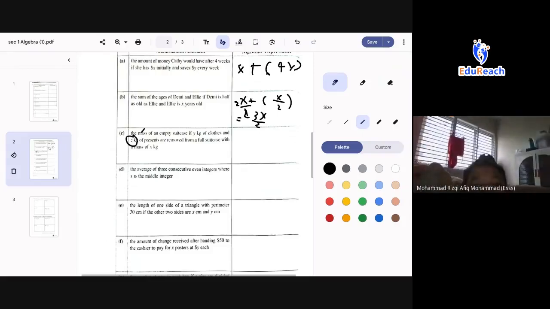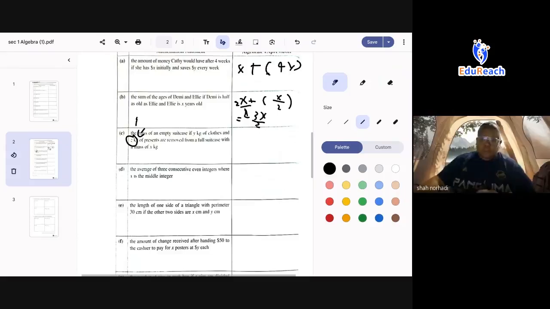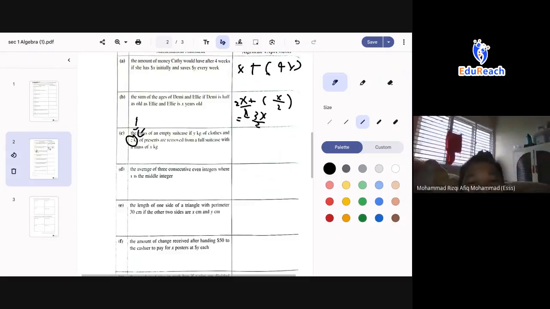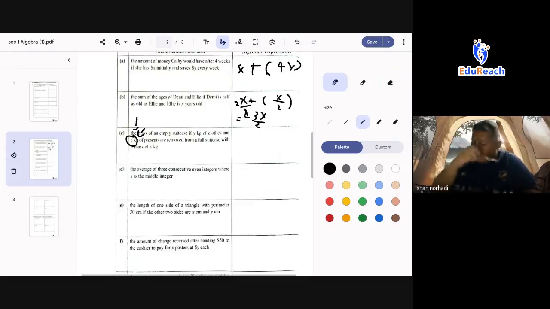What's the circled one? The second one. Yeah, what's that? Z kg.